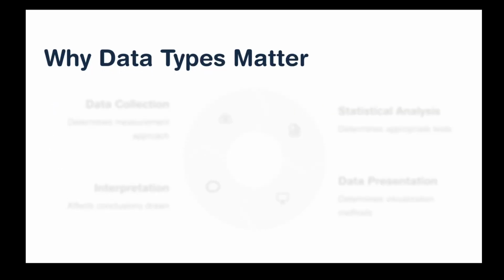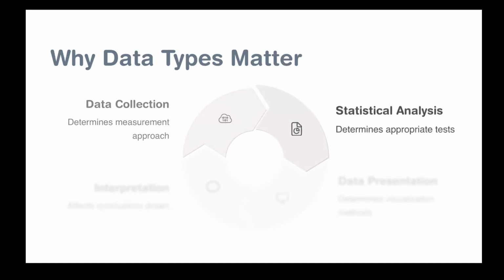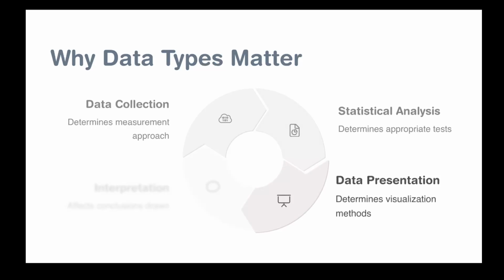And why do data types matter? It is required so that data collection is done properly. It determines measurement approaches. For statistical analysis, it determines the appropriate tests, which type of test we need to do. And also data presentation: once you collect and analyze, you need to present it so that the effective outcome can be measured.